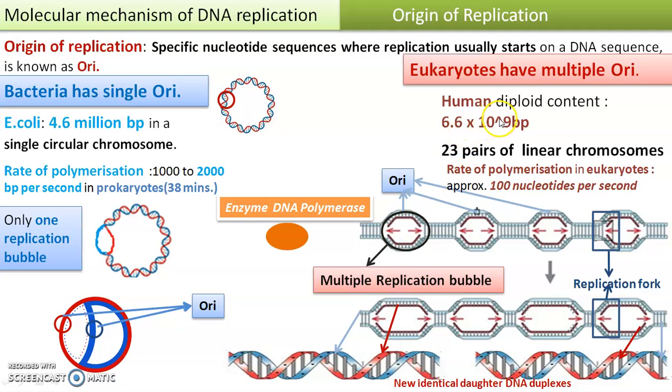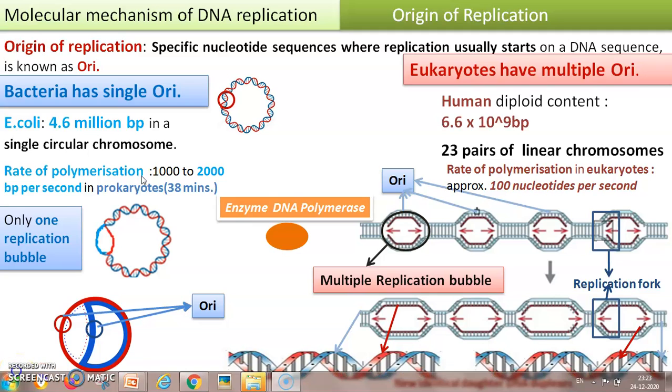And that is spread across or segregated into 23 pairs of linear chromosomes, quite complex. So definitely one ORI cannot solve the problem of replication in eukaryotic cell, whereas it can manage it very well in a prokaryotic cell. So that is one reason.